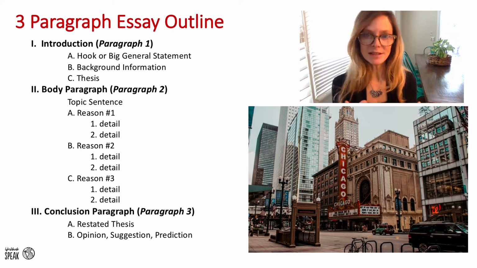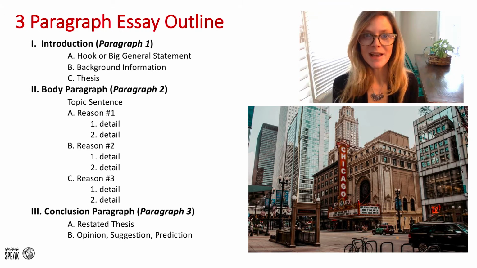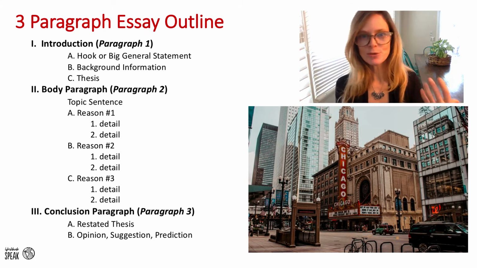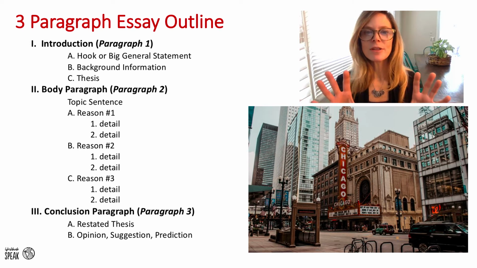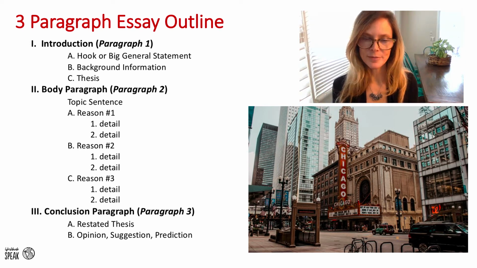And then in the last paragraph, you're going to restate your thesis, in our case, why Chicago is so awesome. And then we're going to leave the reader with something to think about: an opinion, a prediction, some sort of suggestion. So this is your outline structure.